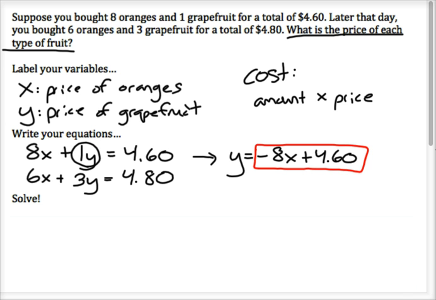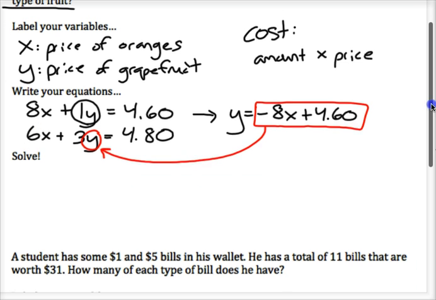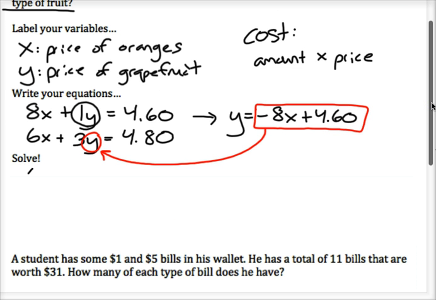So I'm going to take that, what y equals, and I'm going to plug it into the second equation for the y there. All right? So now it's time for me to rewrite my equation. So 6x plus 3y, but instead of y, I'm going to use negative 8x plus 460, and that's equaling 480.